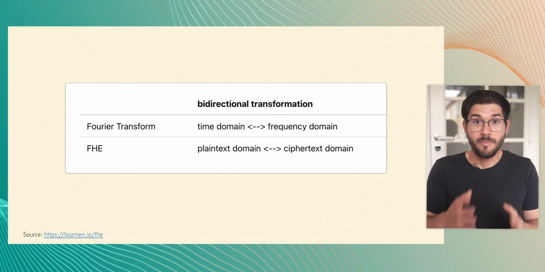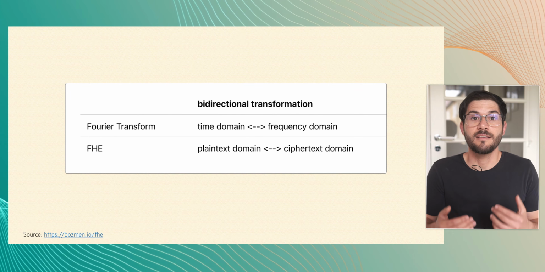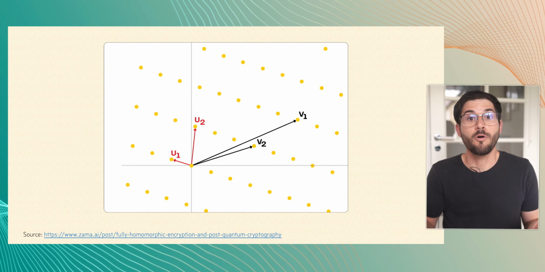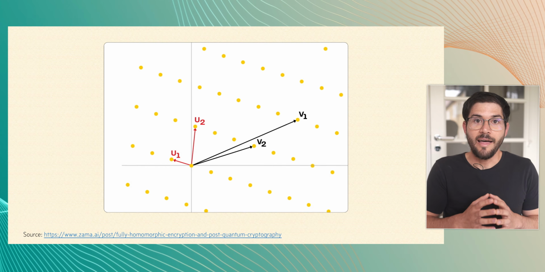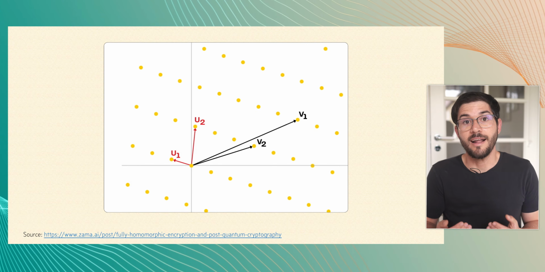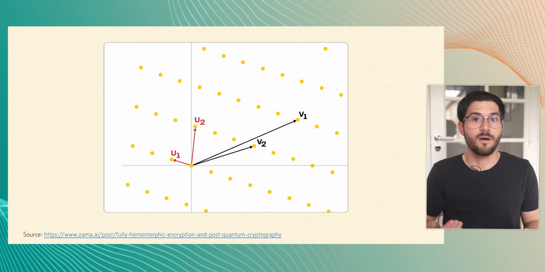And to do this transformation, fully homomorphic encryption uses lattice-based cryptography. Imagine a multidimensional grid of points extending infinitely in all directions. At the heart of lattice-based cryptography are problems that are believed to be extremely hard to solve even for quantum computers.